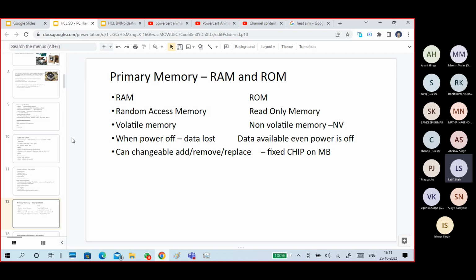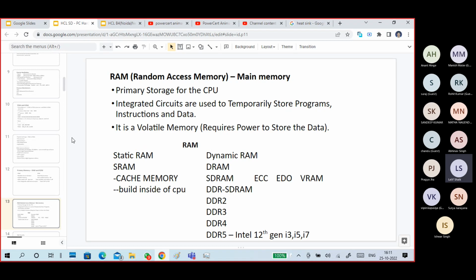The instructions and data are already stored in this chip while manufacturing the computer. And what is RAM? Random access memory, of course volatile, temporary memory. When your power is off, the data is gone.